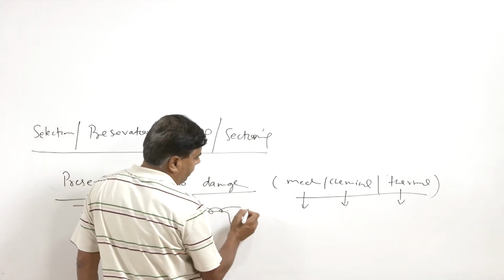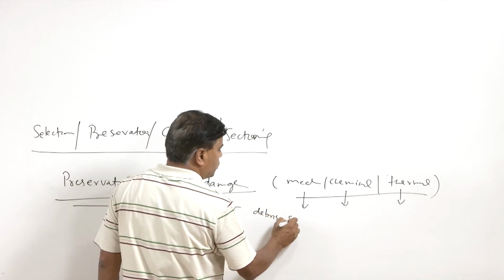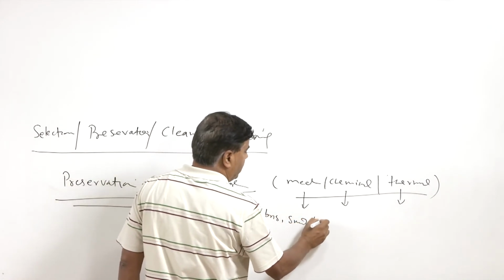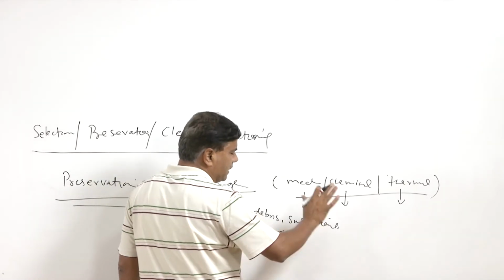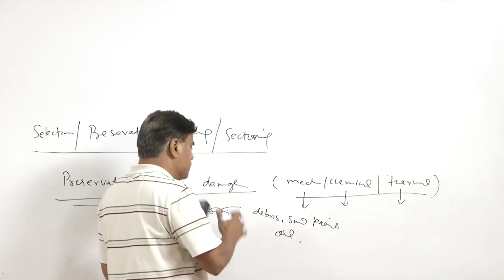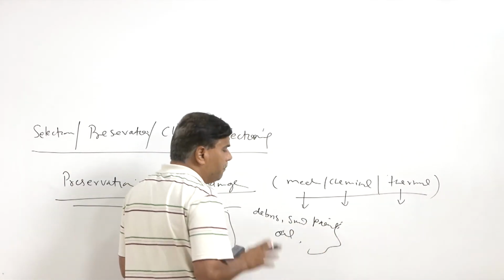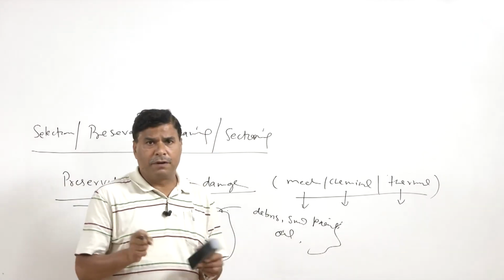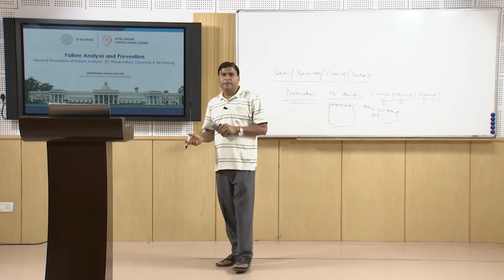So, there may be the presence of debris, soil, paint, and maybe oil or anything else which is present as evidence on the fracture surface. This must be preserved, and therefore, as far as possible, cleaning should be avoided.